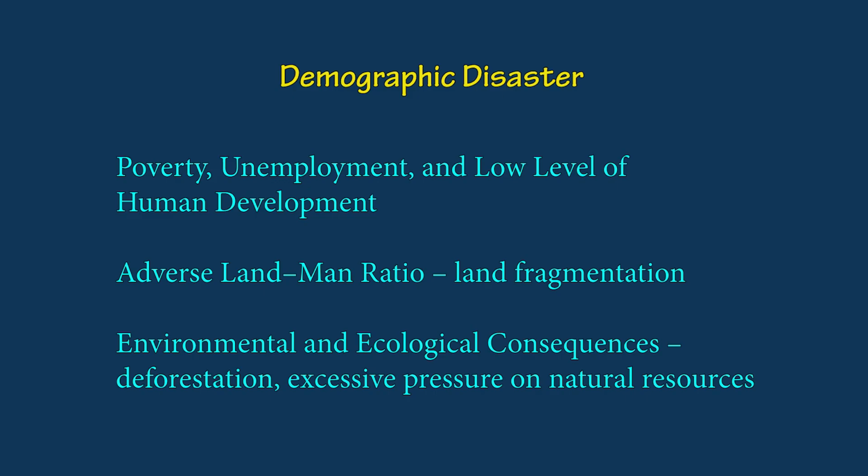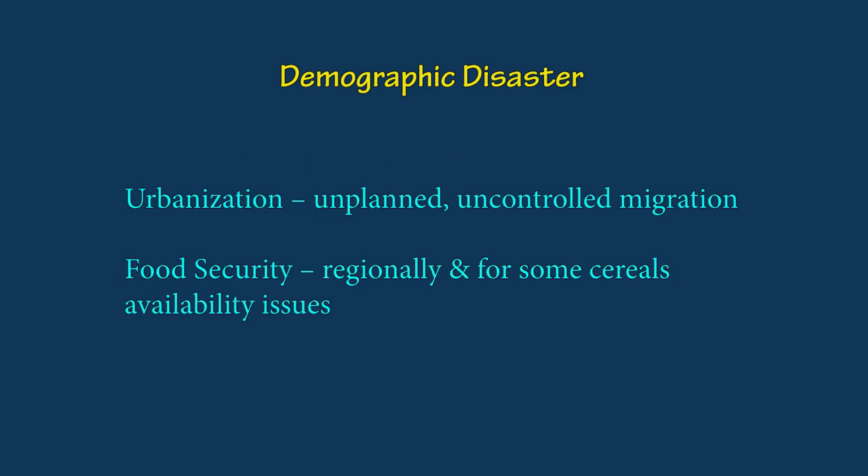Next, adverse land-man ratio and a high level of land fragmentation may happen. Next, environmental and ecological consequences may result in deforestation and excessive pressure on natural resources. Urbanization in a completely unplanned, uncontrolled manner through uncontrolled migration can happen, which may further worsen the problem of environment and other things.